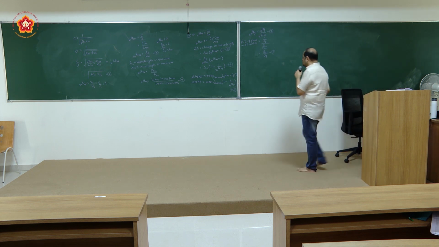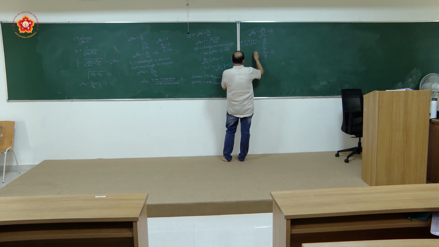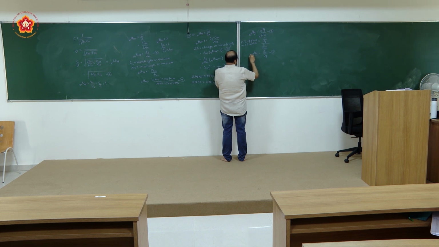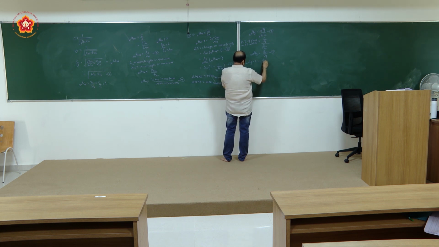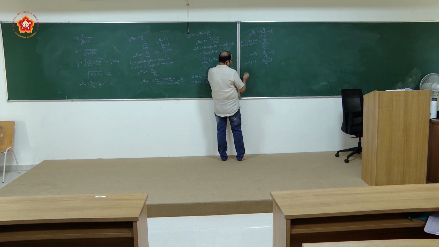Here I can also work in this manner. This is all refractive index of glass with respect to the water. So you will be having here refractive index of glass with respect to the water minus of 1 is equal to velocity in water minus velocity in glass divided by velocity in glass. So I will be having change in velocity.